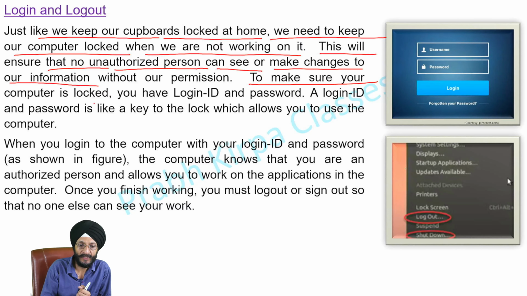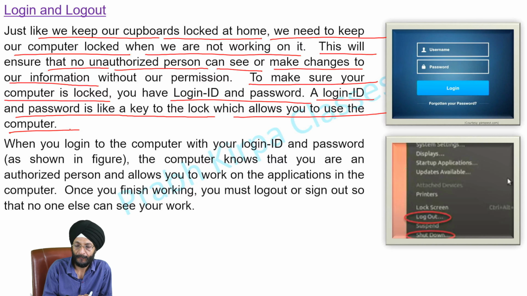To make sure that our computer is locked, we have a login ID and password. A login ID and password is like a key to the lock which allows you to use the computer. That is, here we have to write our username, then we have to use our password, and then we press login.